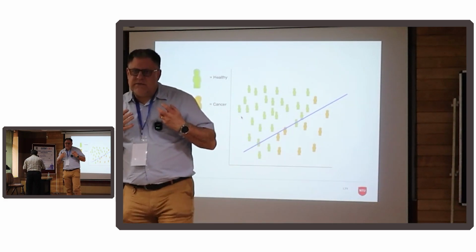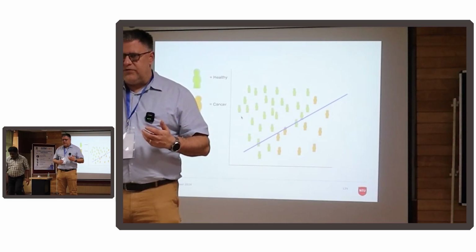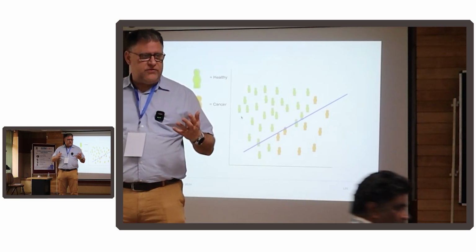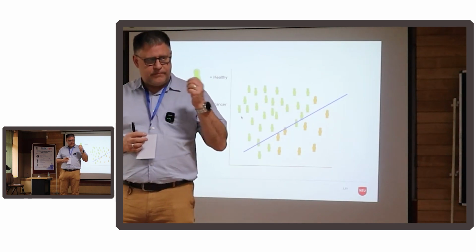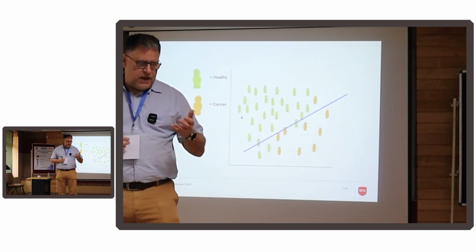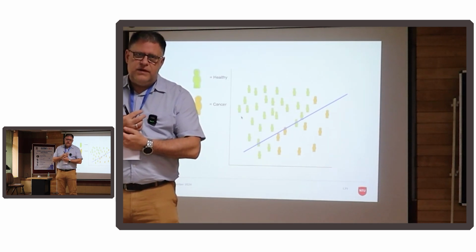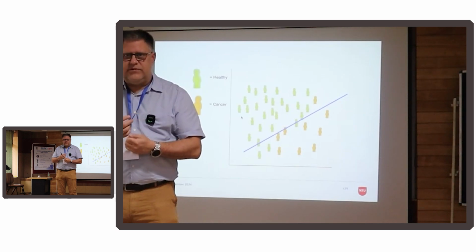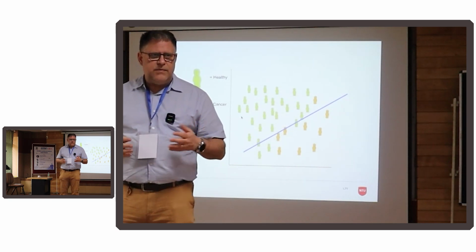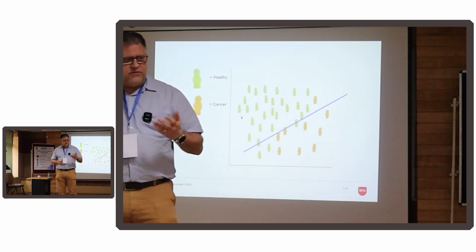So that's how a support vector machine works. This is a very simple 2D plot. These can work in very high numbers of dimensions. They were used a lot for mass spec data between sort of 2000 and 2010, because they didn't suffer from the curse of dimensionality.